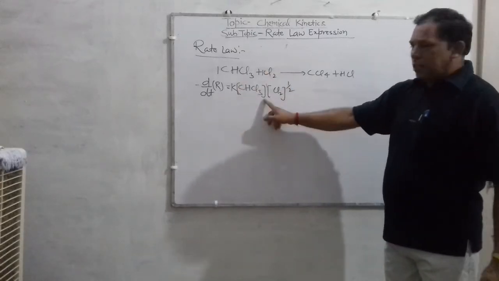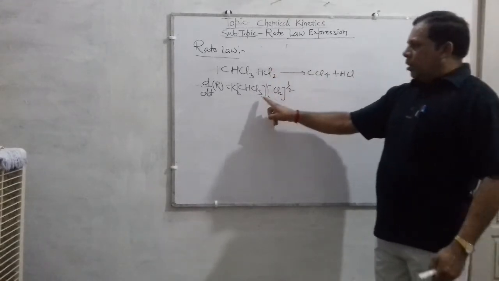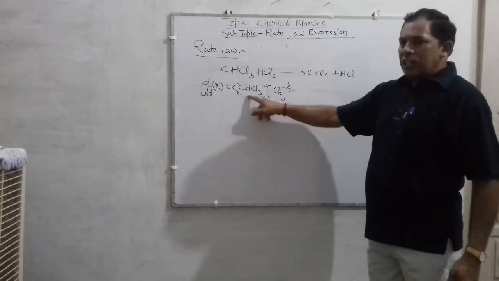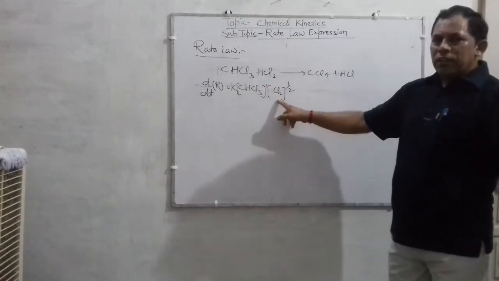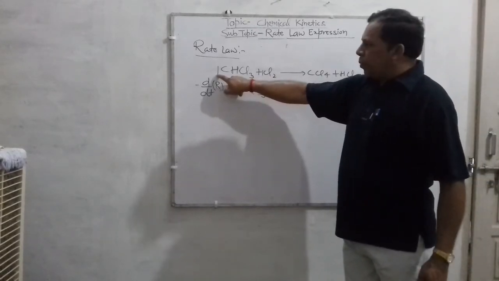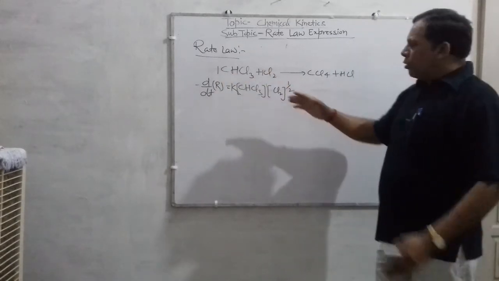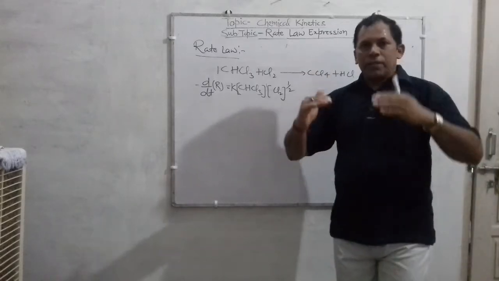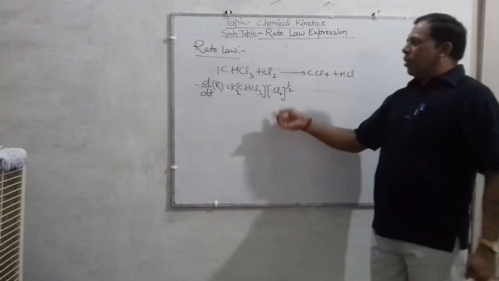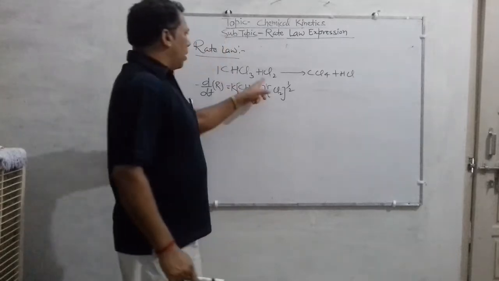In this reaction these two are varying: the exponent of CHCl3 is 1, the exponent of Cl2 is half, while the stoichiometric coefficient of chloroform is 1 and that of chlorine is 1. So the values of x and y are not equal to the stoichiometric coefficients of the reactants chloroform and chlorine.